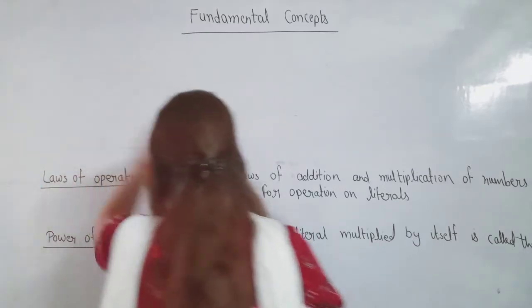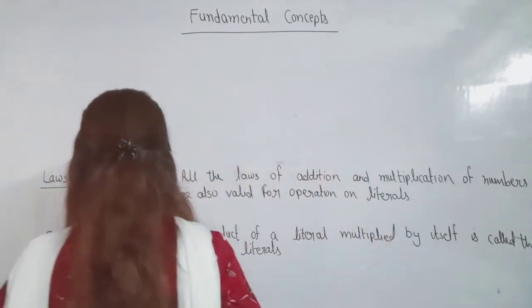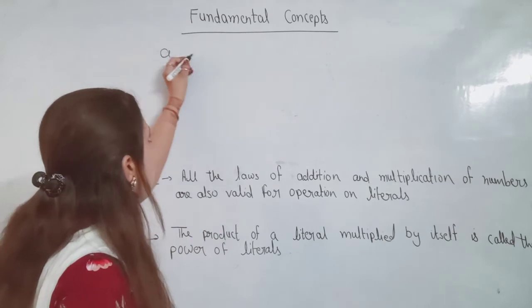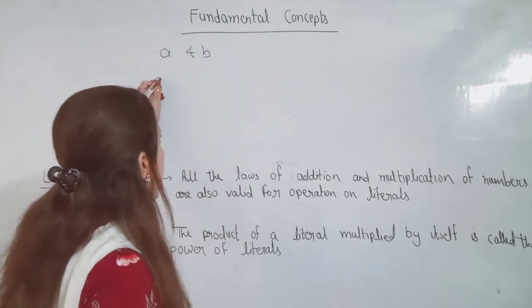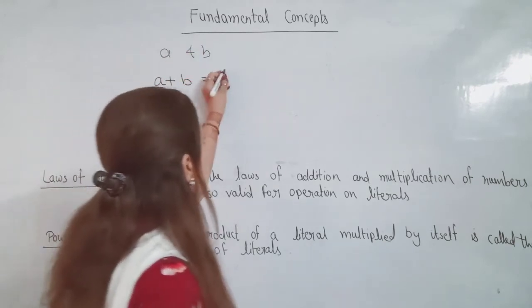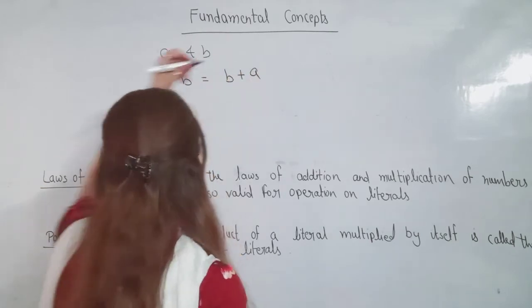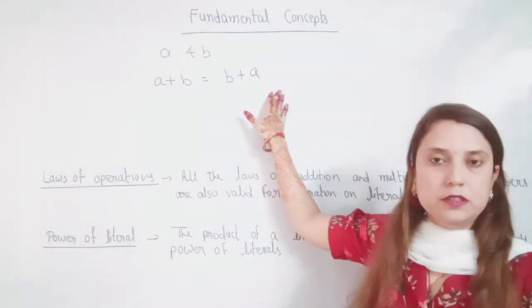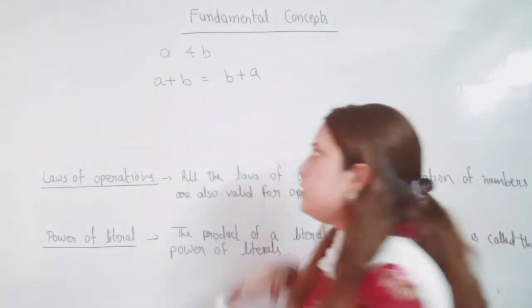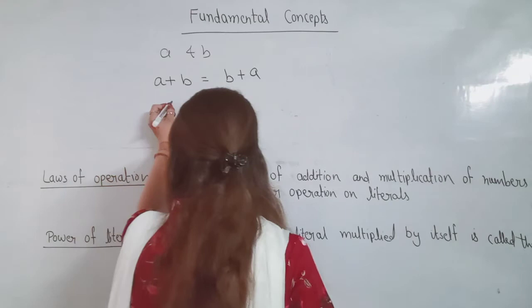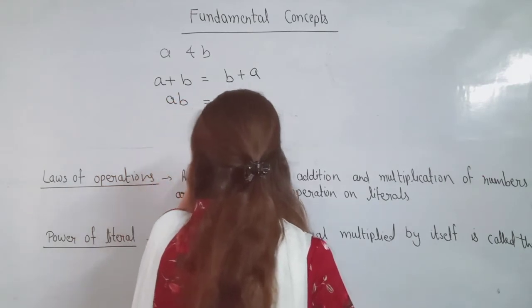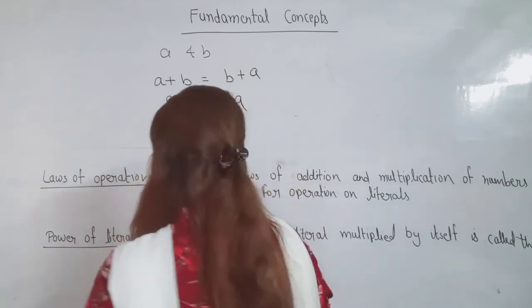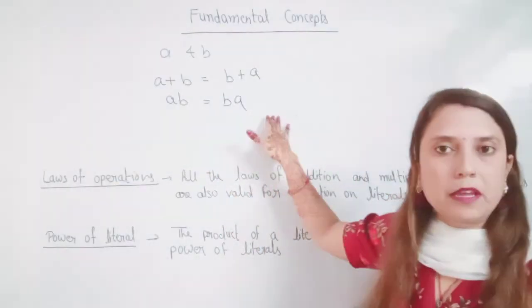Suppose we are having two variables A and B. So A plus B is equal to B plus A. That is the commutative law of addition. Same as it is, AB is equal to BA. That is the commutative law of multiplication.